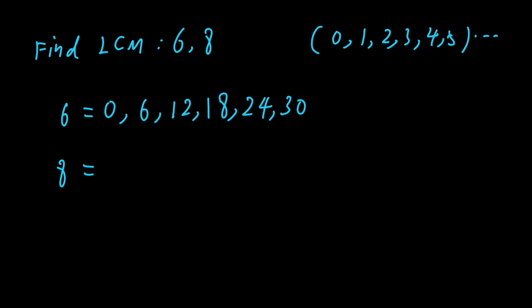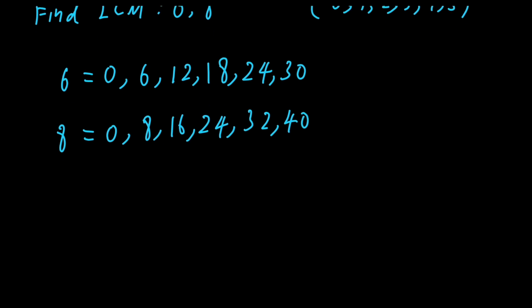Similarly, for the number 8, 0 times 8 will be 0. And then 1 times 8 is 8. 2 times 8 is 16. 24, 32, and 40.